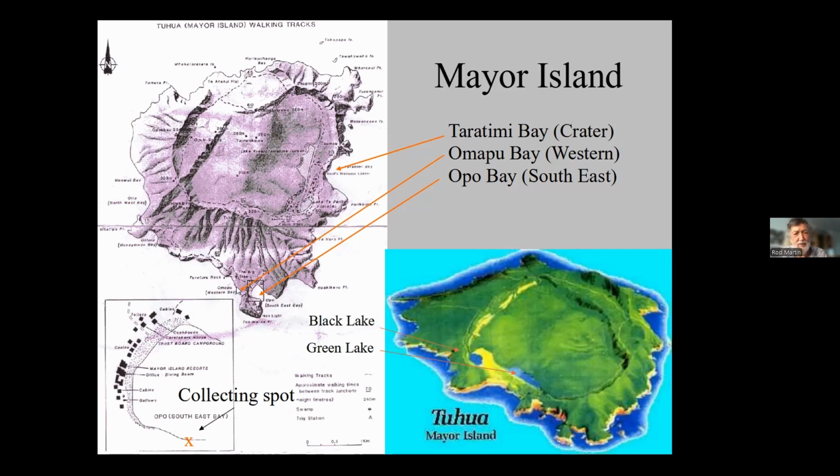It was nice to keep a good stock for making thin sections showing tuhualite. The tuhualite crystals are probably easiest found in this collecting spot down here on the western arm of Opo Bay.